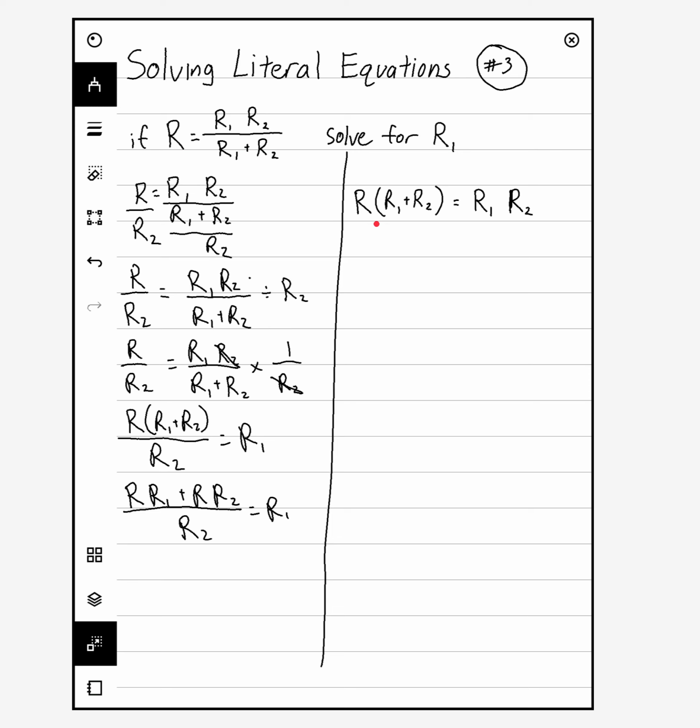Okay. If we multiply both sides by r1 plus r2, this side is this side, and this side becomes this side. So let's break that up. Then we get r1 plus r2 is equal to r1, r2.